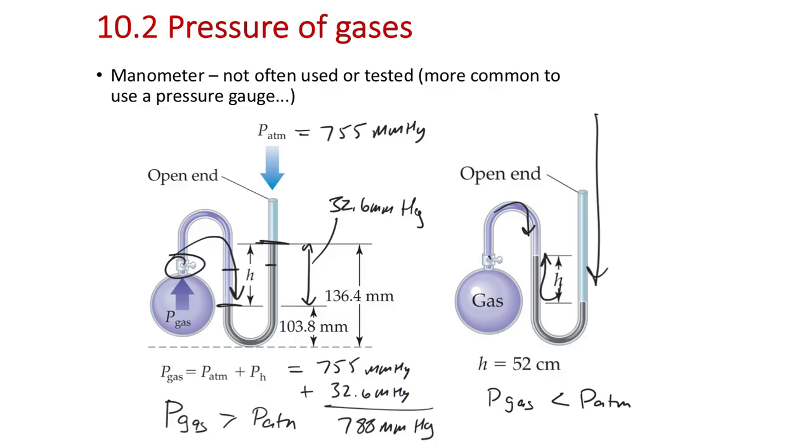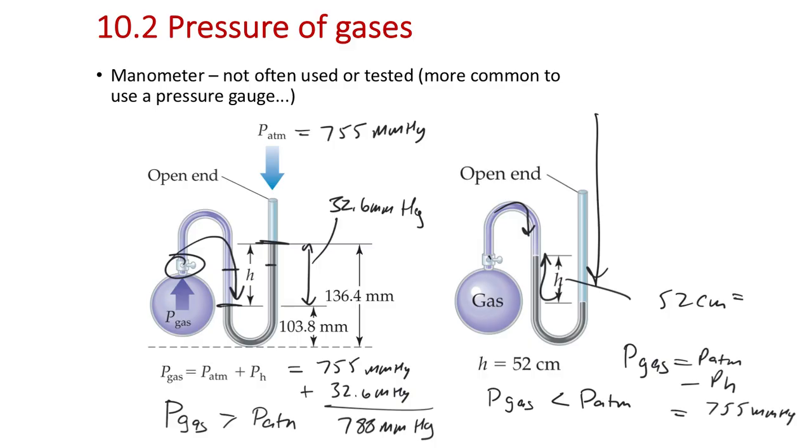Here we would just take the height differential. The height differential here would be 52 centimeters. What we want to do in this case is solve for the pressure of our gas by taking the atmospheric pressure minus the pressure of this height differential. Since we're below atmospheric pressure, we have to subtract. So that would be 755 millimeters of mercury, our standard atmospheric pressure that day.